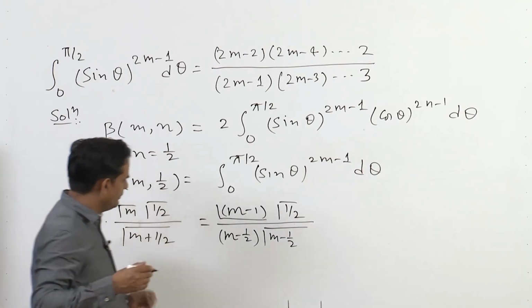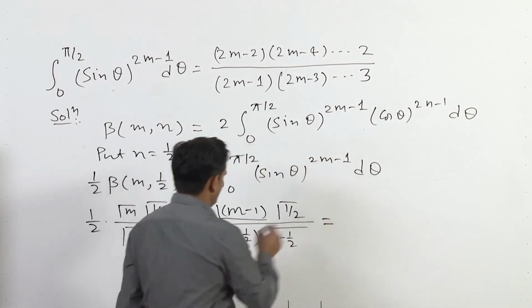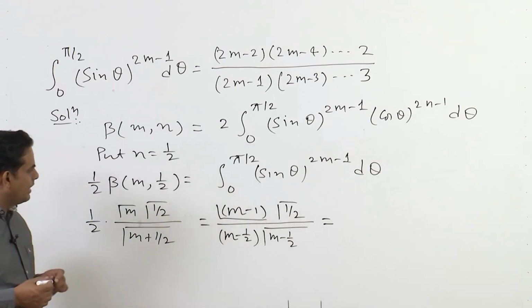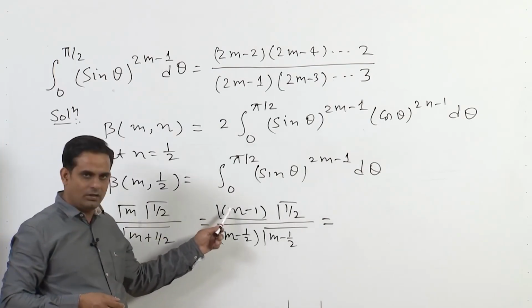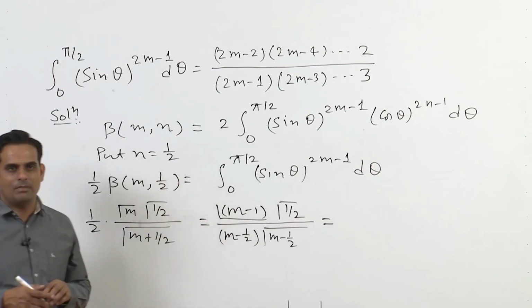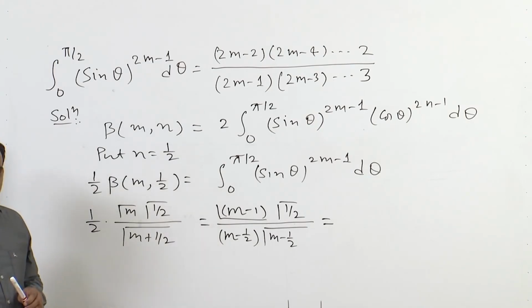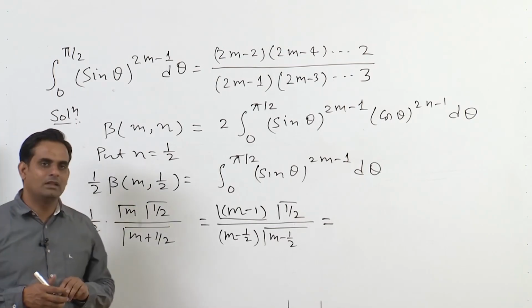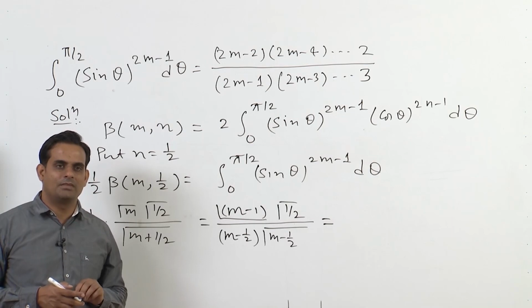Now, what do you do? Here if I open this factorial, it will become m minus 1, m minus 2 and it will go up to 2, 1, finally 1 will come. So, total terms are m minus 1 terms.